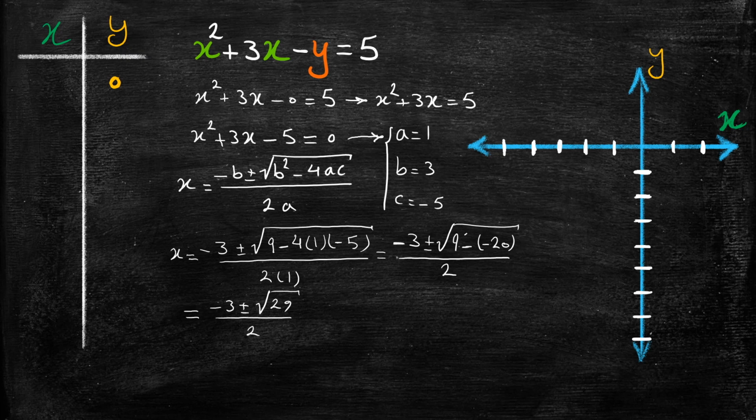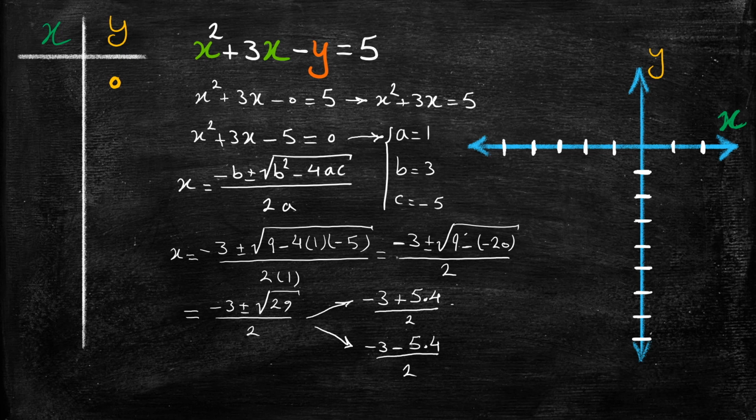So we get two answers. One answer is minus 3 plus square root of 29, which is roughly about 5.4, divided by 2. The other answer is minus 3 minus square root of 29, which is again roughly 5.4, divided by 2.